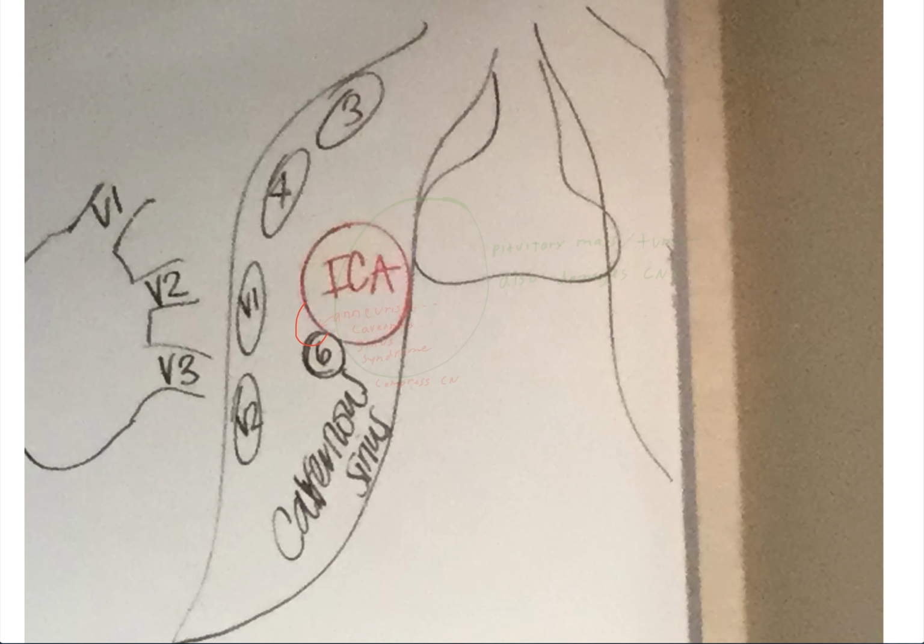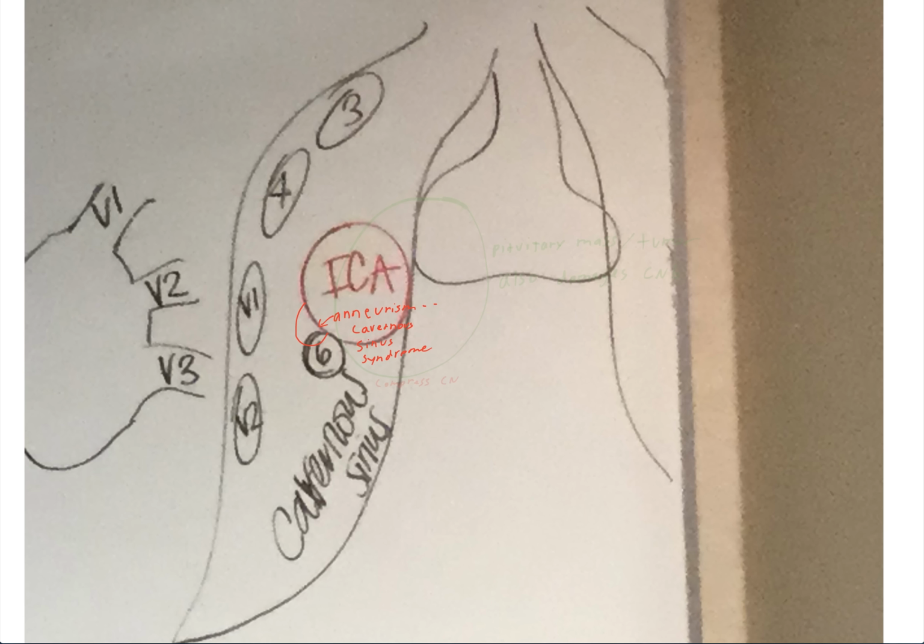The abducens nerve. So that's when I told you we did abducens, and I told you to write cavernous sinus syndrome there and star it. This is what I'm talking about, okay? So if you've got something going on with your internal carotid artery, the first nerve to be damaged is abducens. If it gets big enough, you'll press all these other ones too. The first one is abducens, okay?